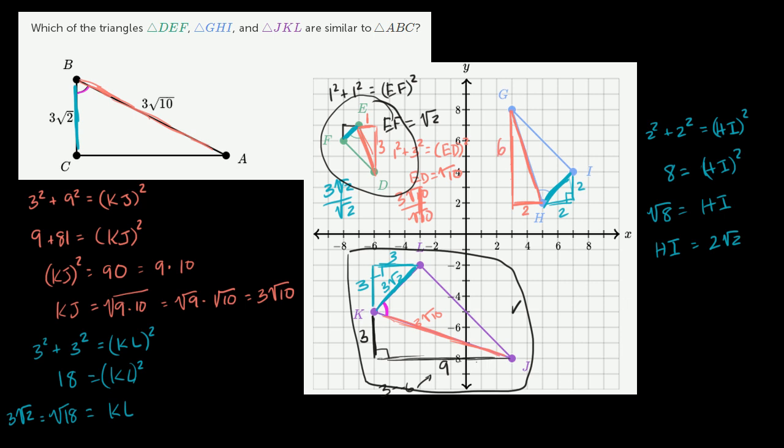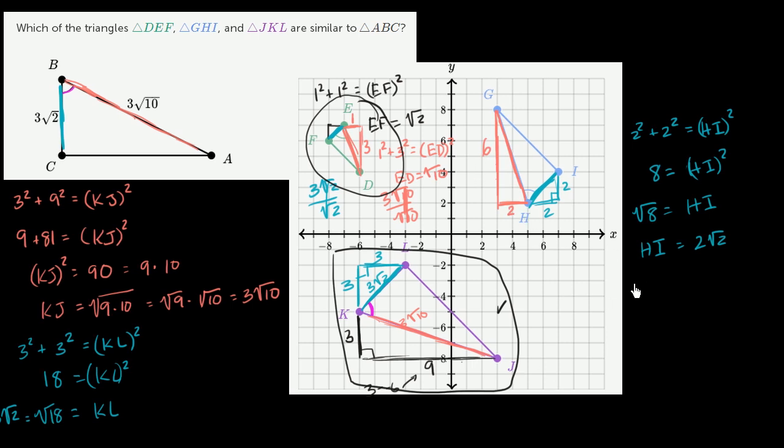So we can write, let me scroll over to the right a little bit, that 2 squared plus 6 squared is equal to the length of HG squared. So this is 4 plus 36 is equal to the length of HG squared. Or we get that HG is equal to the square root of 40.